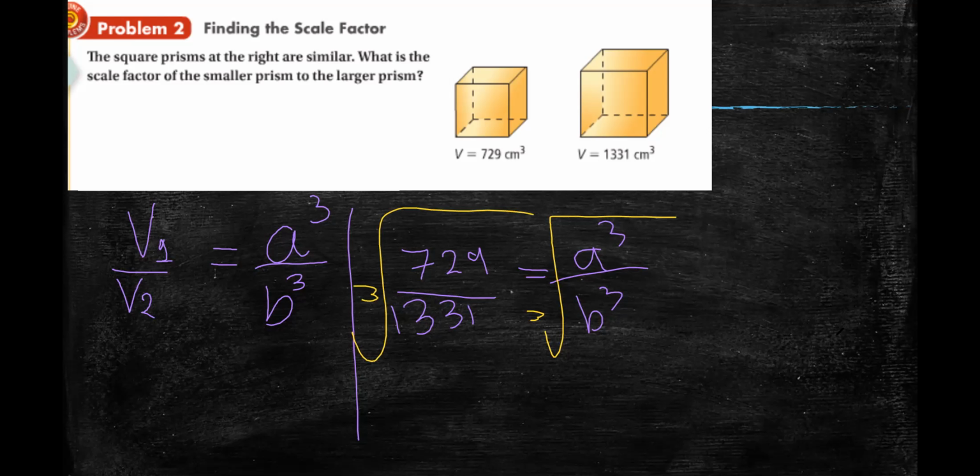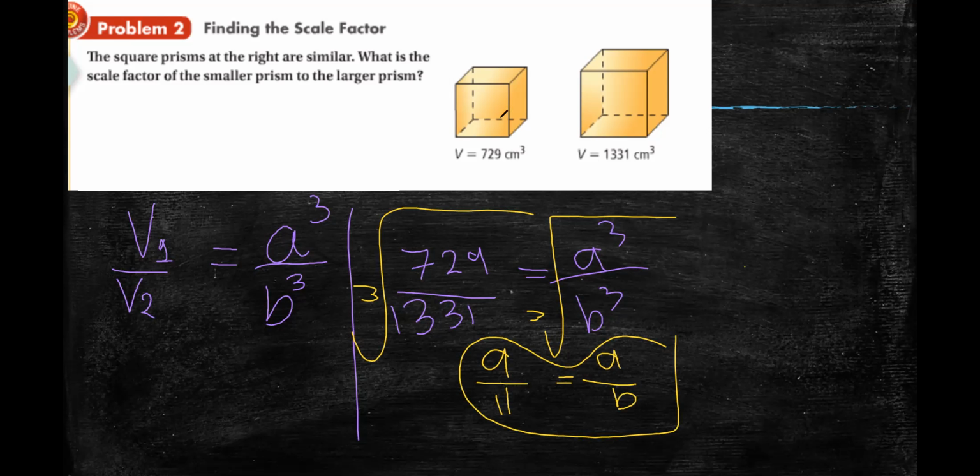If you take the cubic root of 729 over 1331, you will find that it is 9 over 11, which is a over b. And this will be my scale factor. Is it clear? Yes, teacher.